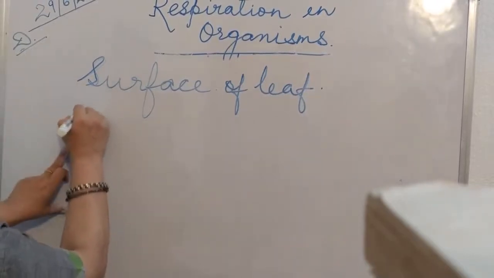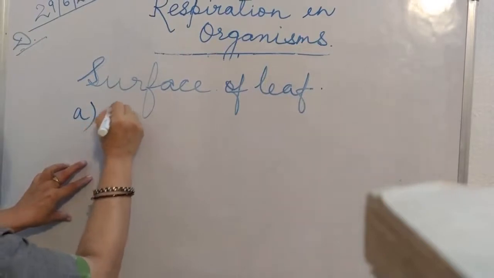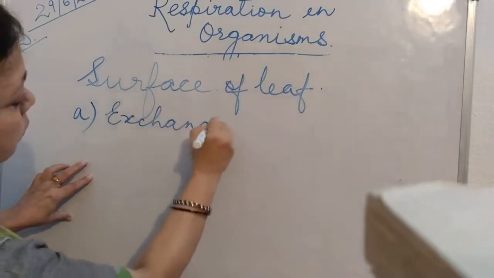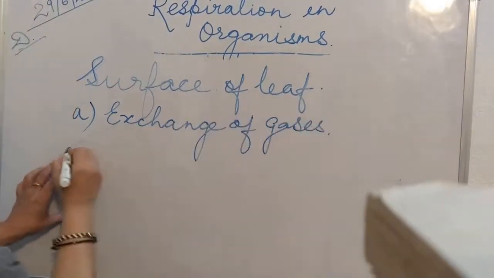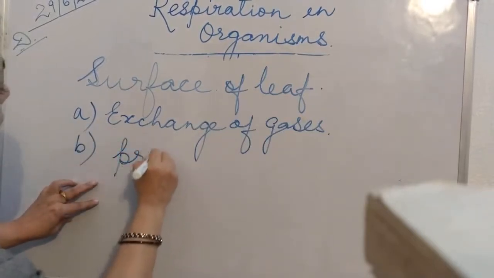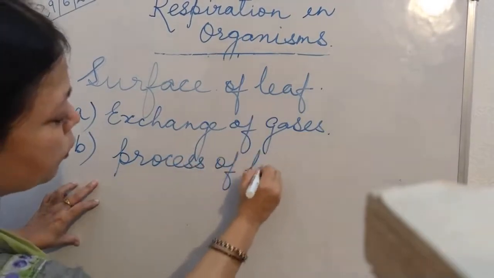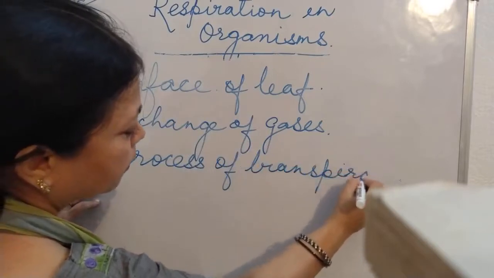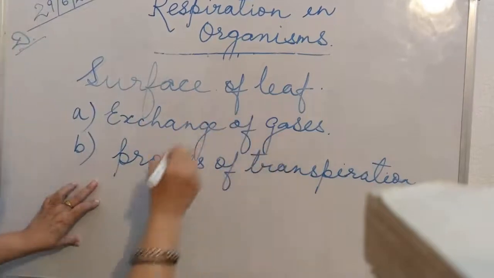That is, you have to write two functions. Excess water is removed by the process of transpiration.